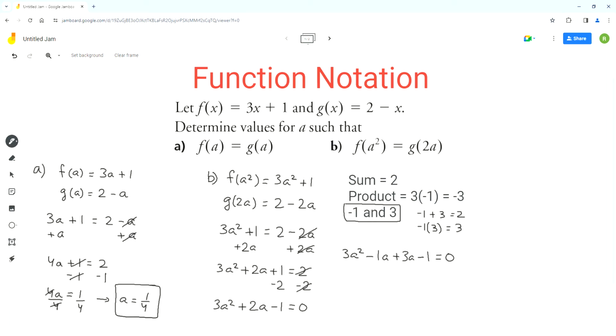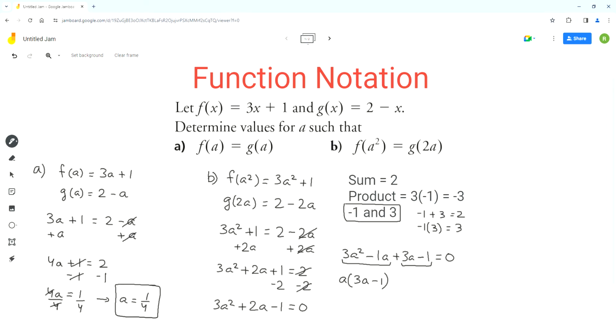So I broke up the middle term 2a into two terms. Now we can use the grouping method to factor it. So we can pair up the first two terms and pair up the last two terms. From the first pair, I can factor out an a, and I'm left with 3a minus 1 in the parentheses.